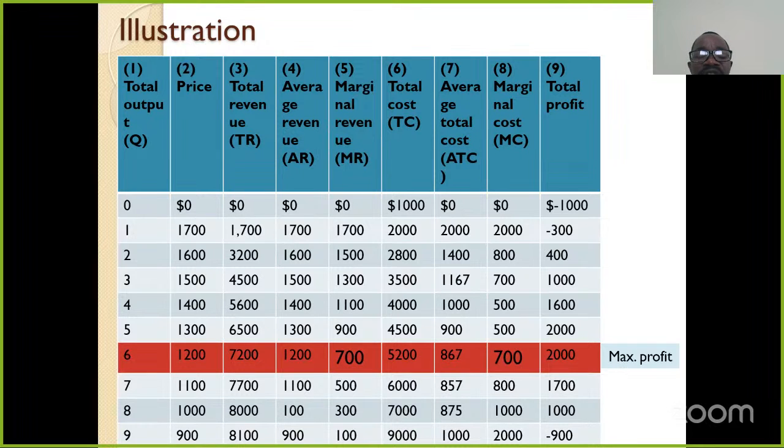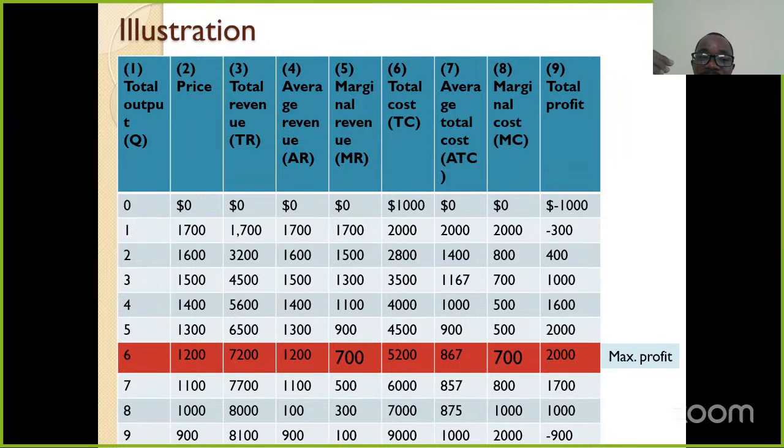Now at this point, you can check the output level, how much is produced and sold at this level. So you can see we have 6 units from the table. And how much are we charging? We have $1,200 a unit. So at this point, the business can decide to operate at this level, producing up to 6 units and charging $1,200 each, making a profit of $2,000.